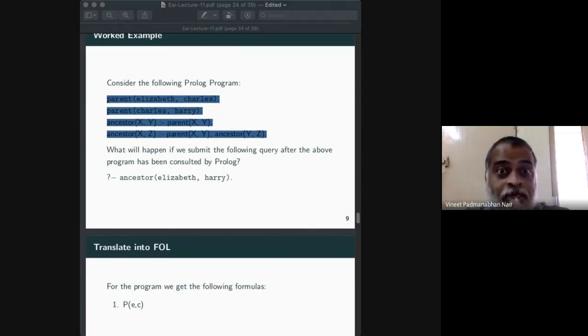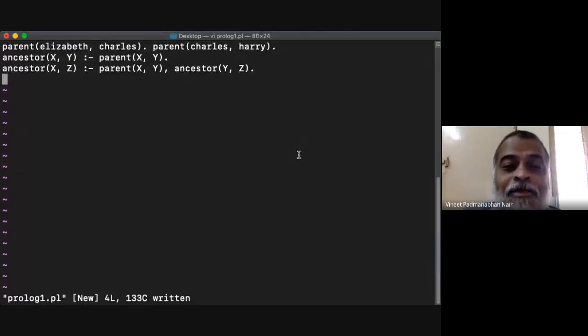Now you can see the one window, right? I have typed in something which is called prolog1.pl.